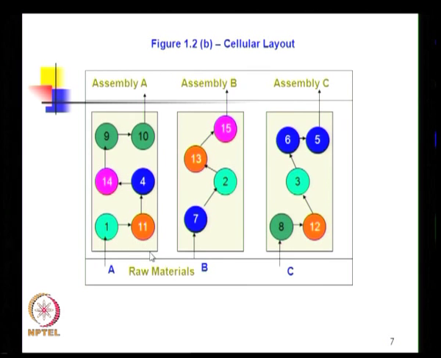Intercell move is not desirable in cellular manufacturing, but increase in volume and variety would create a situation of increasing the intercell moves. Otherwise, we will have to buy one more machine of 11 and keep it here, which is expensive and it may not be utilized fully.